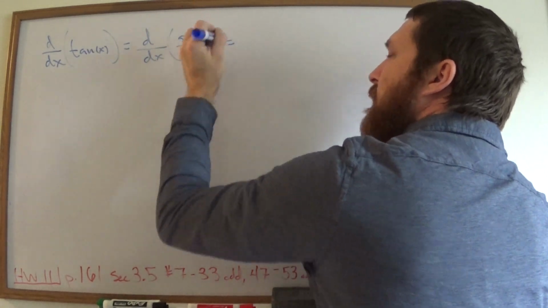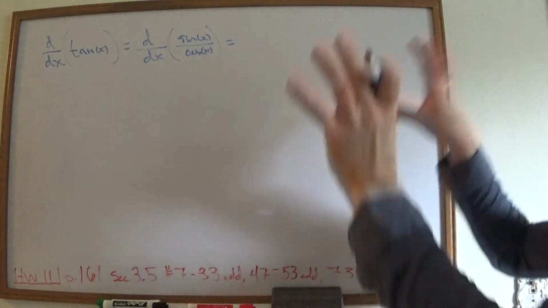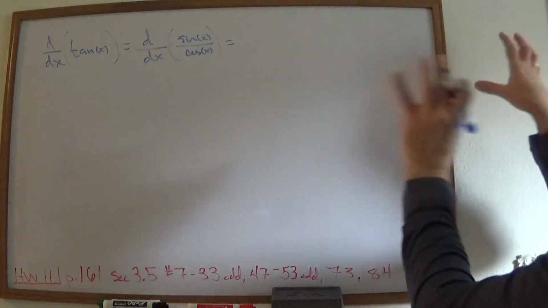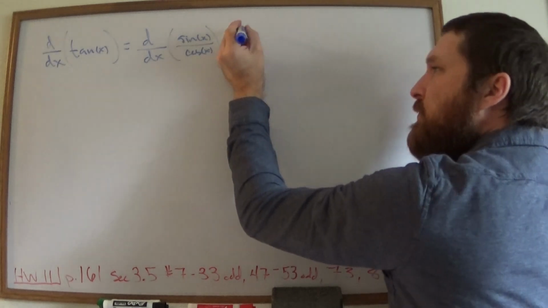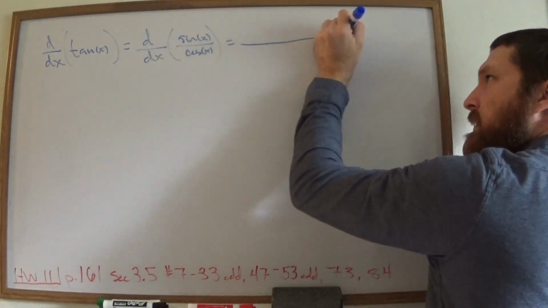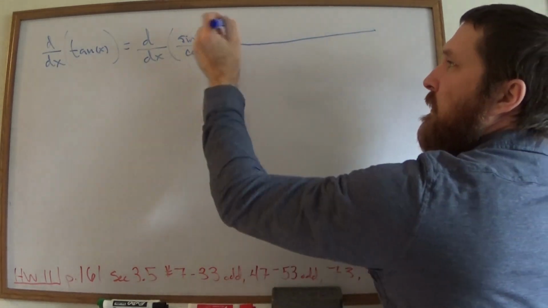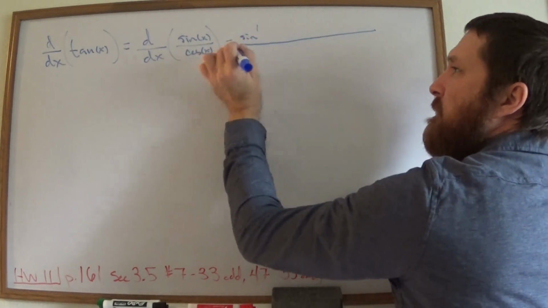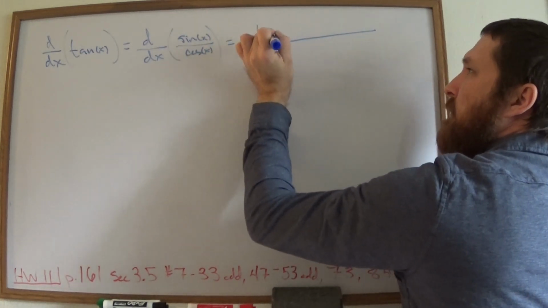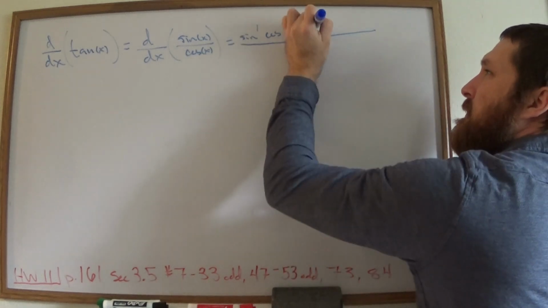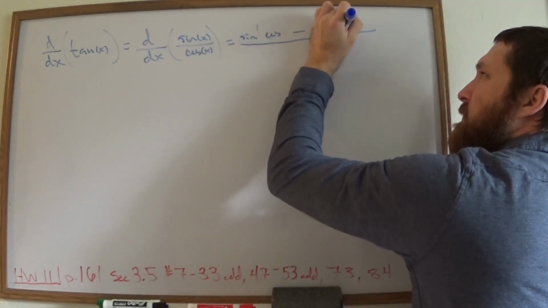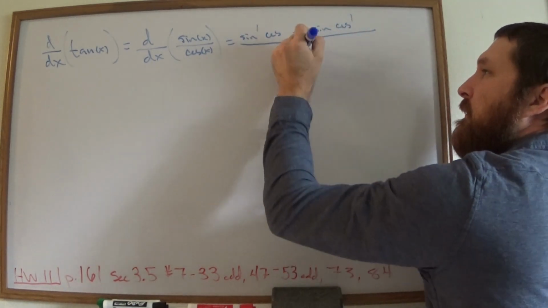And then how did we do this? We use the quotient rule, which says derivative of sine x, so sine prime times cosine, minus sine times cosine prime, all over cosine squared.